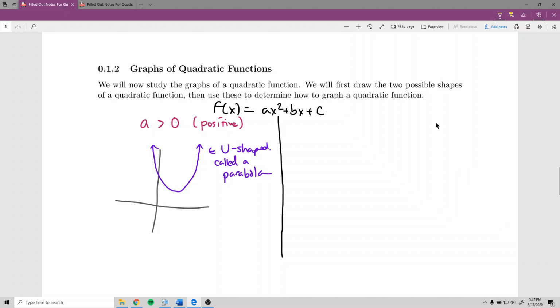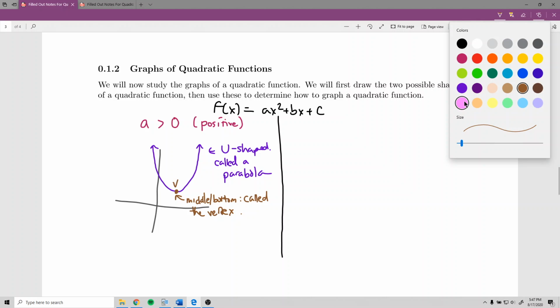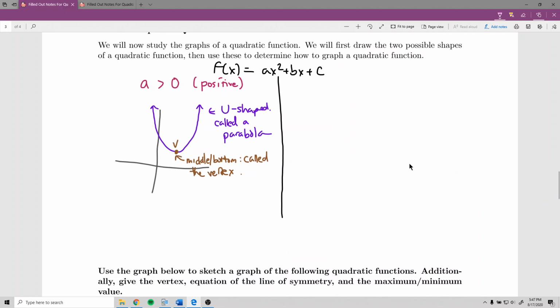Right. And there's really one major thing about parabolas that we need to point out. A lot of things branch off from here, but it starts at this spot in the middle, at the bottom. This is called the vertex. I like to label it with the letter V just because it's an important point. And a couple things about the vertex.